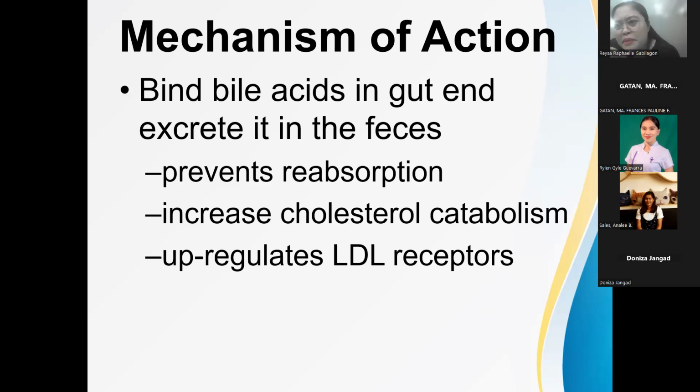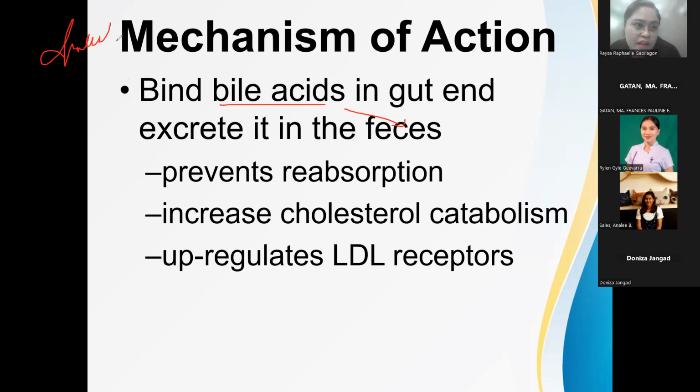Now, anong connection nun, ma'am, sa mataas na lipid or cholesterol level in the body? Ang mangyayari kasi, kapag na-excrete itong bile acid sa feces, syempre kailangan mo pa rin ng bile. Yung body gagawa na naman ng bile. Gagawin niya na bile dun sa cholesterol.